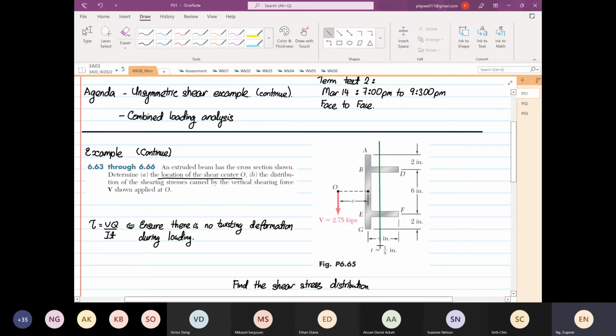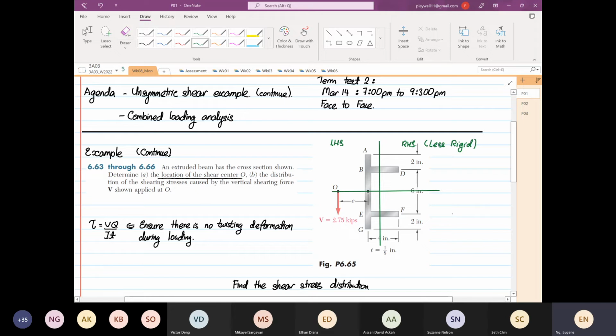There's our centroid in the vertical, and then the centroid on the horizontal. If I call this left-hand side and right-hand side, we realize that the right-hand side structure is less rigid. Some of you say, why less rigid?